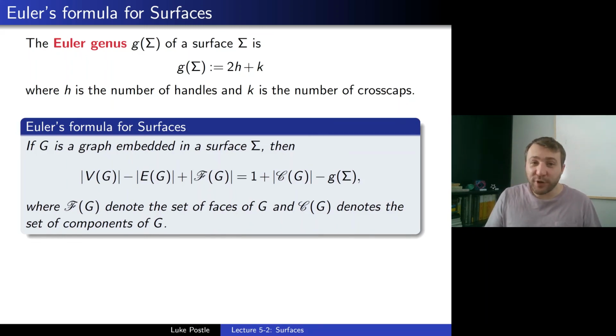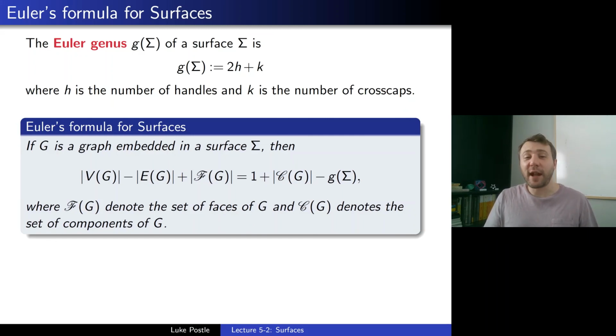So here's more generally how it works. If G is a graph embedded in a surface Σ, then V minus E plus F, where F is the faces again, is equal to 1 plus C, where C is the number of components, that's the old thing, minus the Euler genus. So the Euler genus of the sphere is just 0, so that would give you Euler's formula for plane graphs.